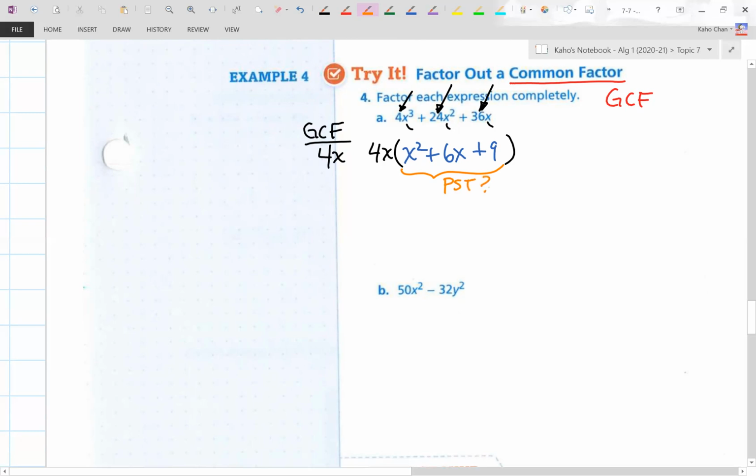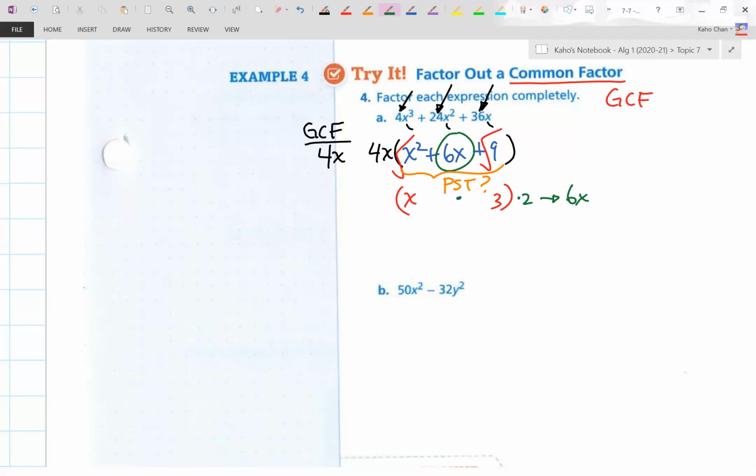Might be. Let's check. Let's square root the first term and the last term, and double it, right? Let's see. x times 3 times 2, oh yay, that is 6x, the middle term. That is a PST. Very nice. So that means, let's write this down now.